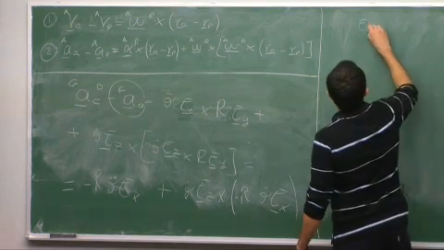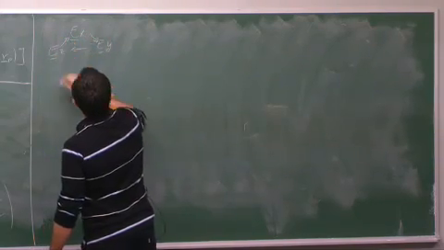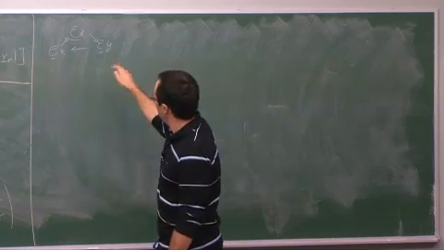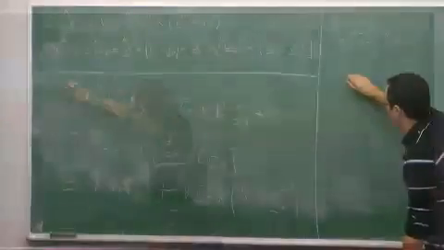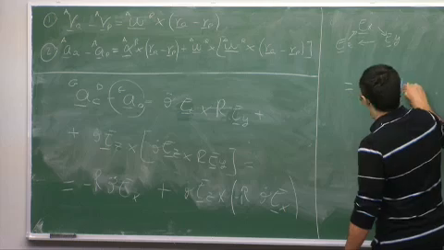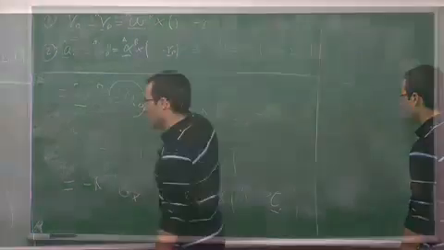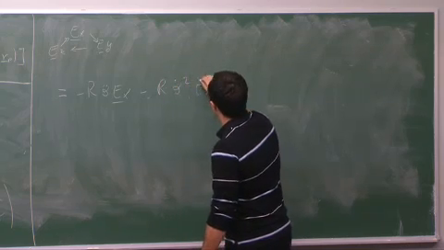Is Ez cross with Ex. Minus is plus Ey? Plus, right? So this remains a minus. So in the end, I get minus R theta double dot big Ex minus R theta dot squared Ey.